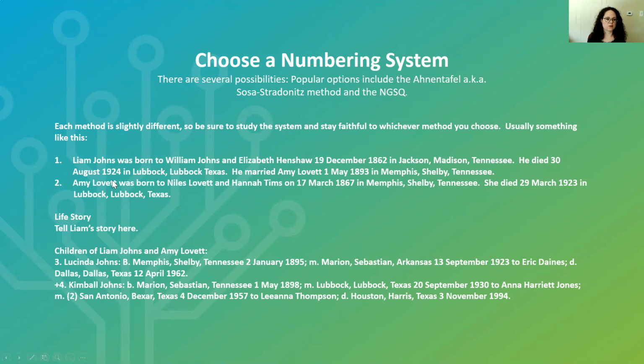And then oftentimes the same information will be included for the spouse. After that, you will tell their life story, and then the final step will be listing the children. And you usually list the children, all the facts: birth, marriage, death, and then you cite them, but you don't actually tell the story.